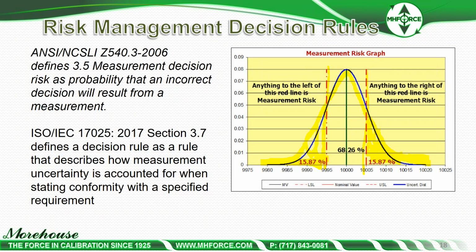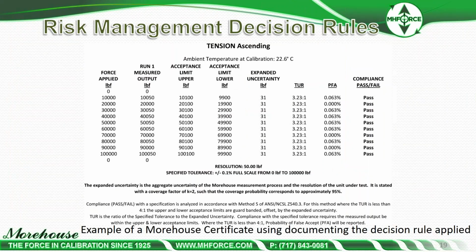So what this means, if you see a certificate with risk management decision rules, here's an example of one of our certificates we've done for a customer. We have the acceptance limit. These are not guard banded limits. So this is the standard acceptance limit right here on these columns. You could see guard banded limits here. They're not. Expanded uncertainty listed.